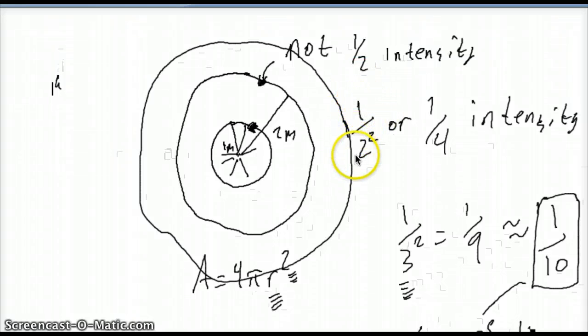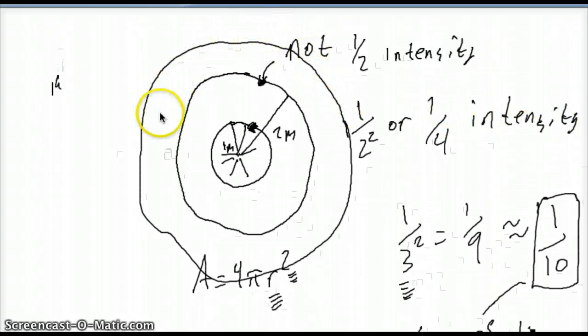A half of the distance means the intensity goes over the square, so you would take 1/2 squared, which becomes 1/4 of the intensity.